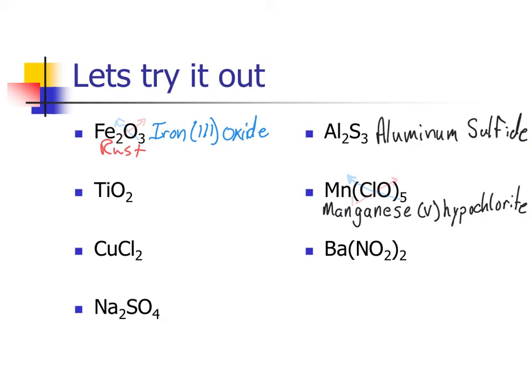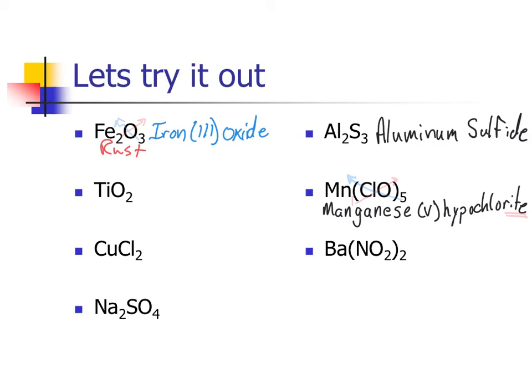The ending of the polyatomic ion stays the same all the time. We do not change the ending of a polyatomic ion unless the number of oxygen is changed. We do not change the ending of a polyatomic ion to IDE in any circumstance unless it's the oxide polyatomic ion. So we have to be careful.